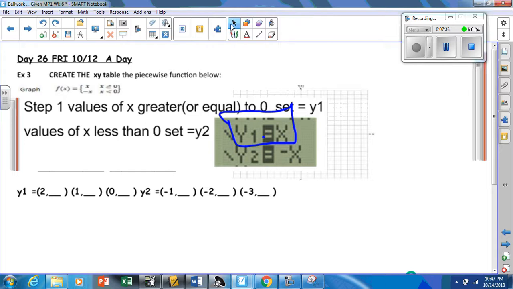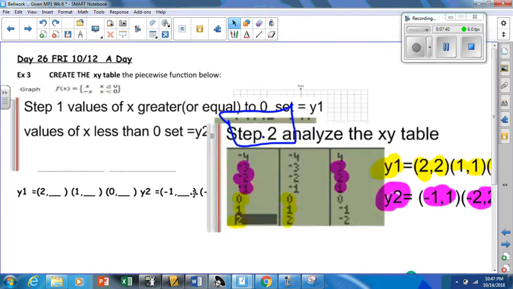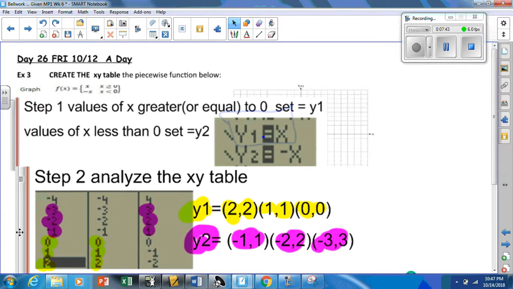Step 2, we analyze our XY table. Every place we see that the x value is greater than 0, we have the yellow values.